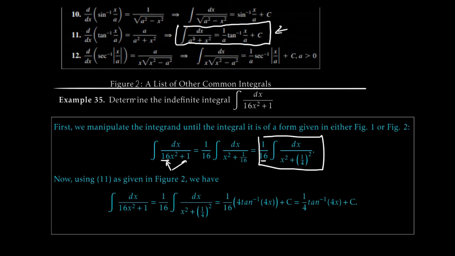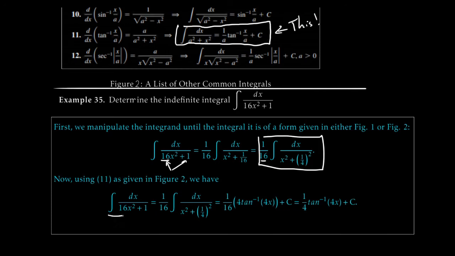You add two things, it doesn't even matter what order you do it in. So we can use this guy. This is it. 1 over a, tangent inverse of x over a plus c.